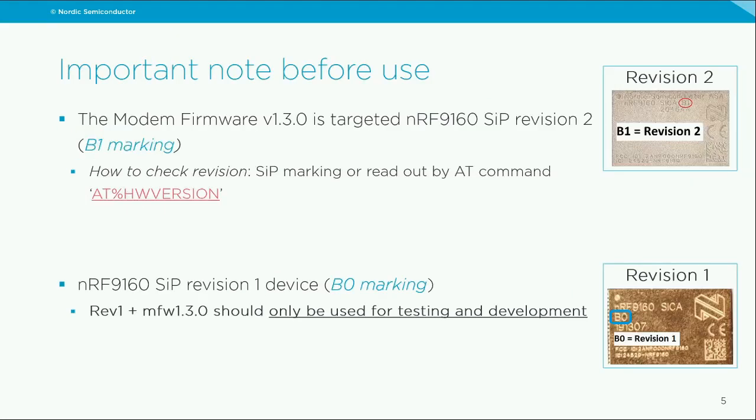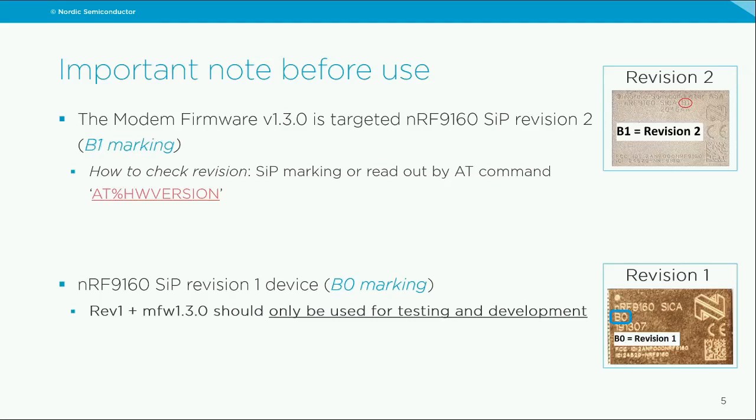Important note before use, the modem firmware 1.3.0 is targeted at nRF9160 system in package revision 2. This is the production version of revision 2 and is marked with the B1 on the system in package itself. You can see that on a figure on the right hand side, or you can check this by an AT command.